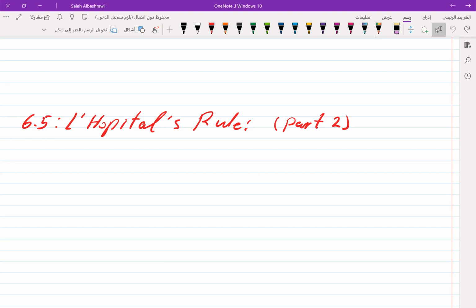We are still in this topic, which is the L'Hopital rule. In the first part, we discussed the first case of the indeterminate form. And we said that we have different types of indeterminate forms.